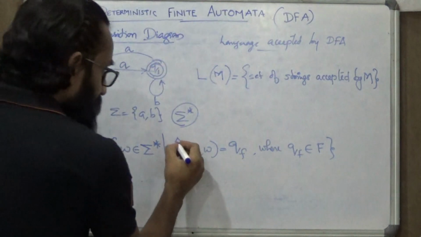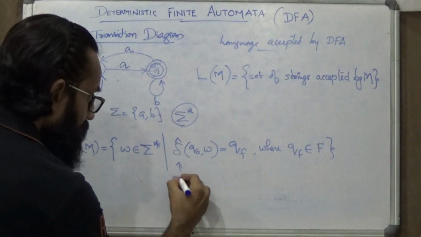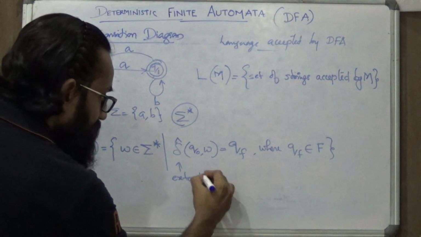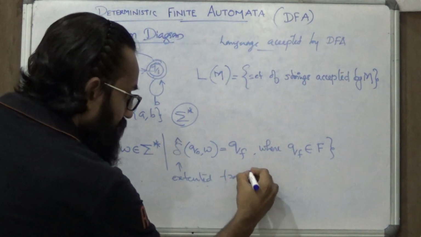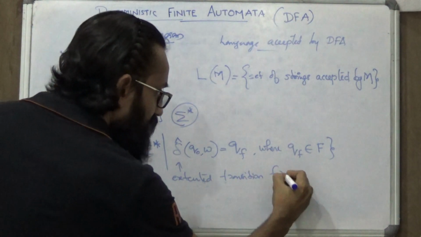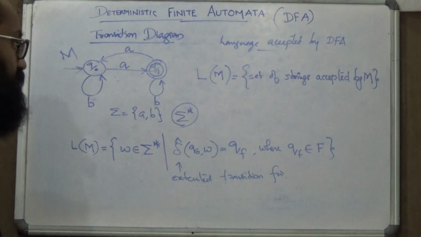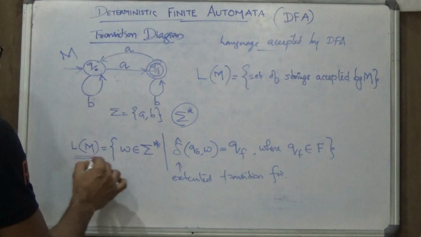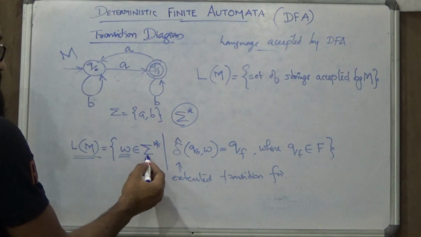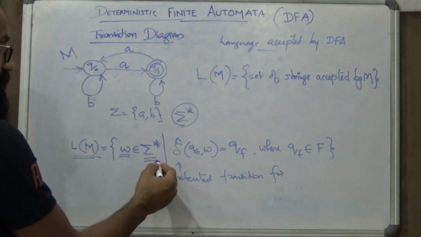Here delta cap represents the extended transition function. So L of M contains the set of strings that belong to sigma Kleene closure.